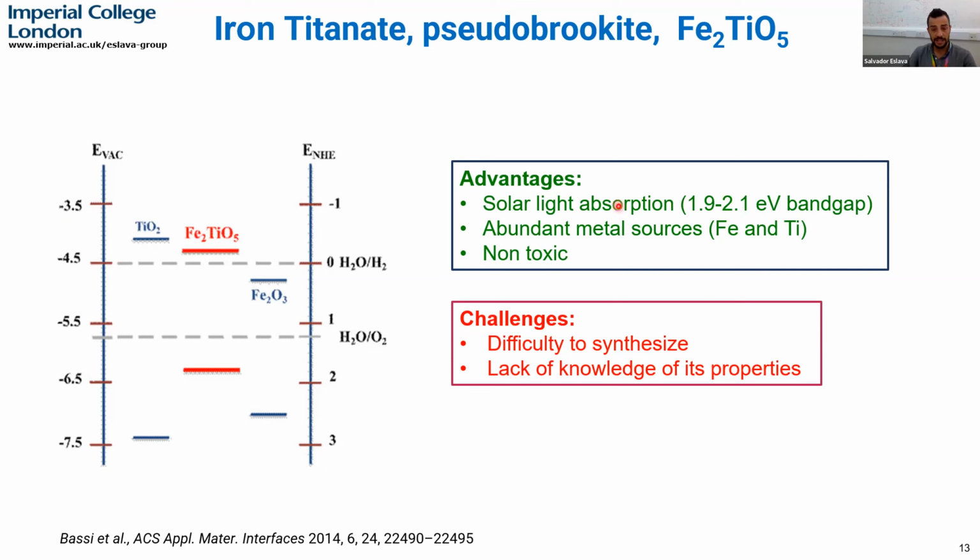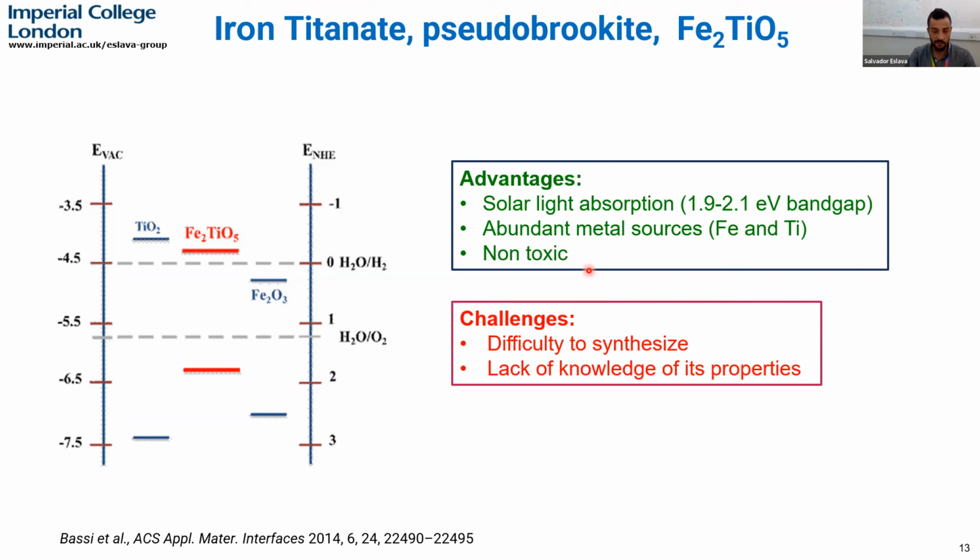We can prepare iron titanate with abundant metal sources, such as iron and titanium. It's non-toxic, because iron and titanium are not toxic. The challenges with iron titanate are that it is more difficult to synthesize. Often you have segregation of phases. There's also a lack of knowledge of its properties because it's a relatively novel material.